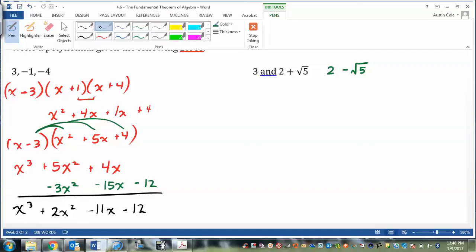So those are the zeros. So the factors are x minus 3. And I'm going to write these differently a little bit. I'm going to write them with brackets, and you'll see why here in a second. I'm going to write x minus 2 plus the square root of 5.